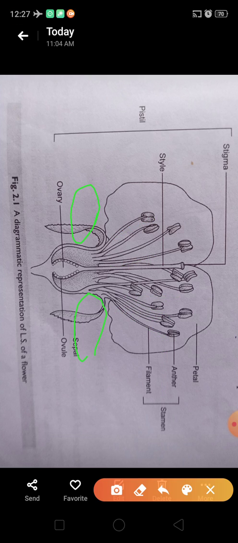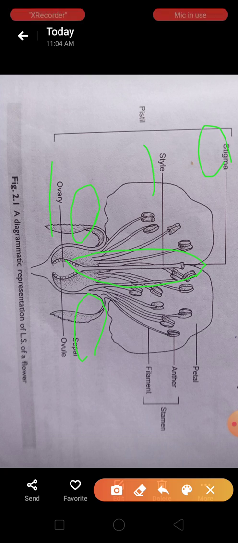Now the last, that is the pistil. See, this part is known as the pistil, and the pistil has three parts: stigma, style and ovary. So these are the parts of the flower that we discussed in the previous slide.